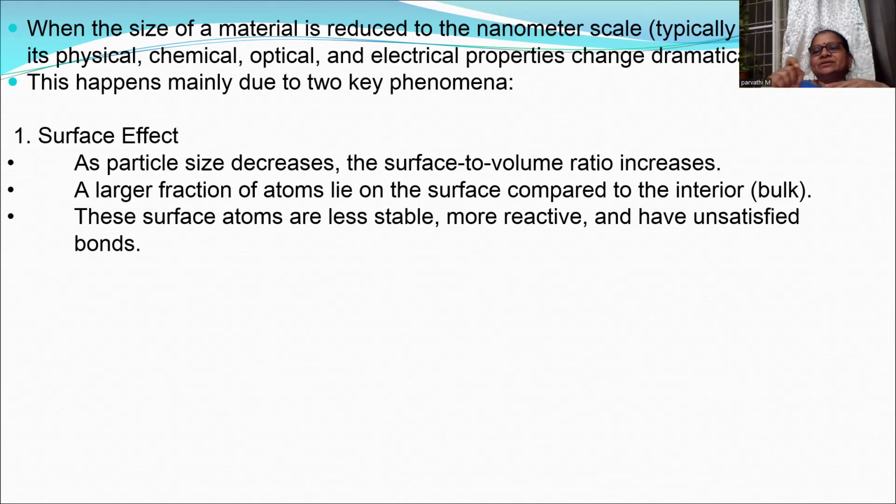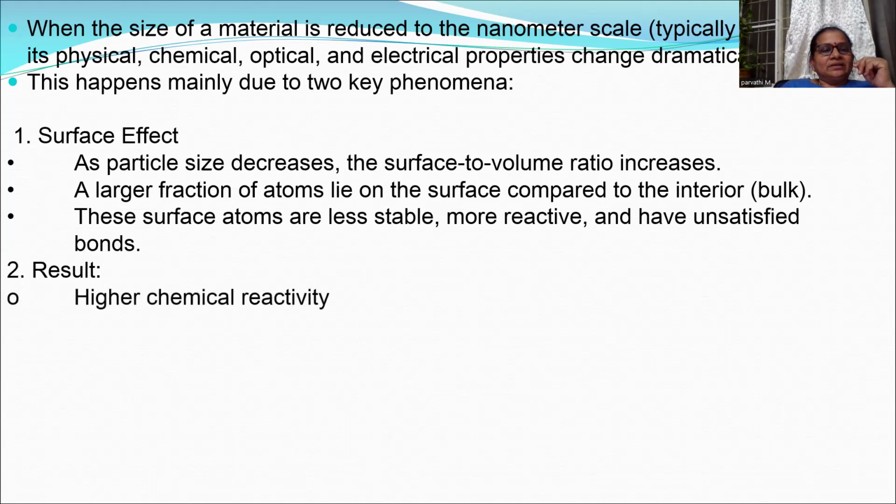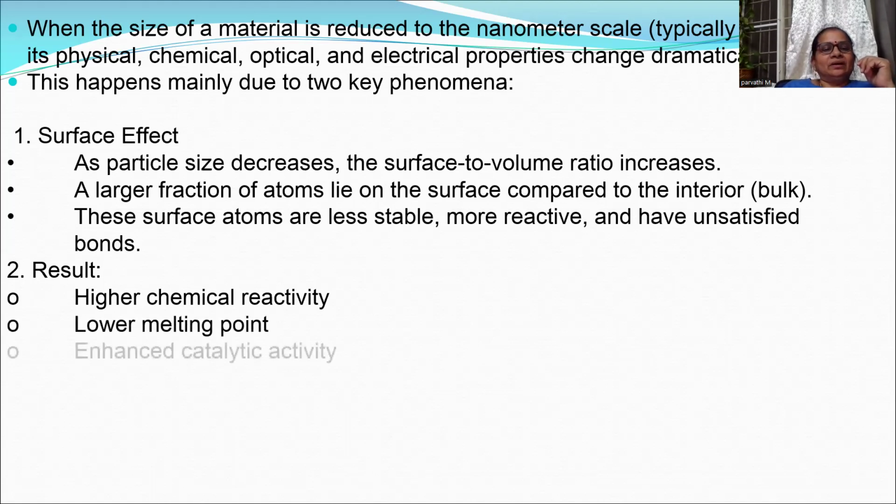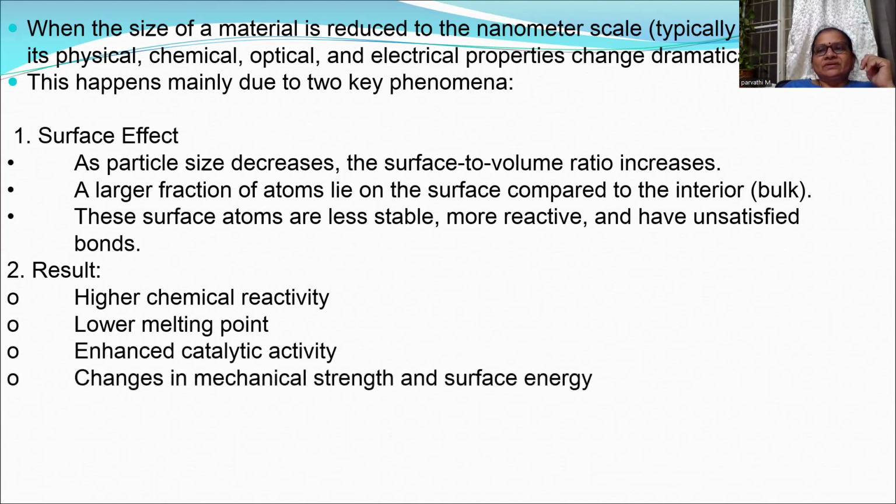So even with a small amount of energy, they may come out of their local position and react with other atoms. So they are more reactive and have unsatisfied bonds. Their bonds are very brittle and break easily. That is the surface effect at nano size, and as a result there is higher chemical reactivity, a tendency toward lower melting point, enhanced catalytic activity, and changes in mechanical strength and surface energy.